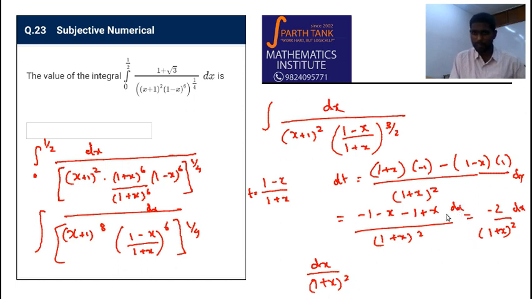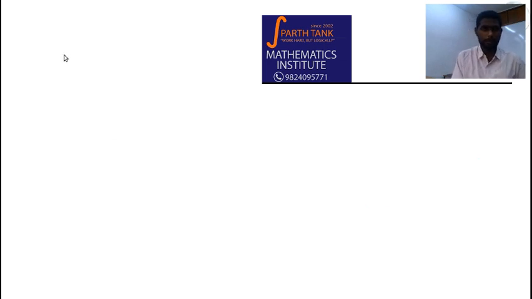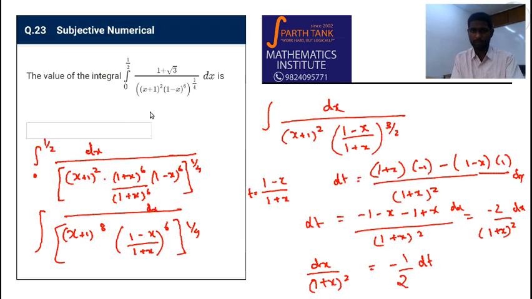becomes this dt, right? So dt by minus 2, minus 1 by 2 dt. So this whole integral is minus 1 by 2 dt upon t power 3 by 2. Now we need to change the limits also. The limits are, t is (1 minus x) by (1 plus x), right? So when x is equal to 0, t is 1.